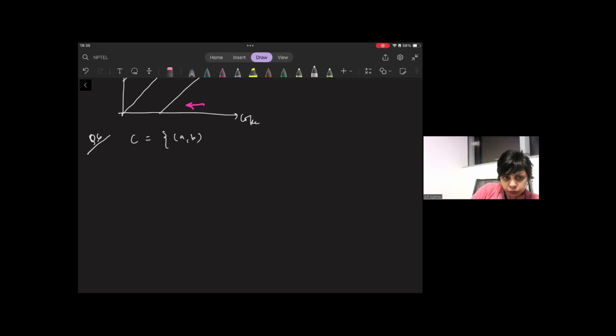A comma B, B comma C, A comma C, B comma D, and D comma A. Okay, and you are asked to assume A, B, C, D all belong to positive real numbers.